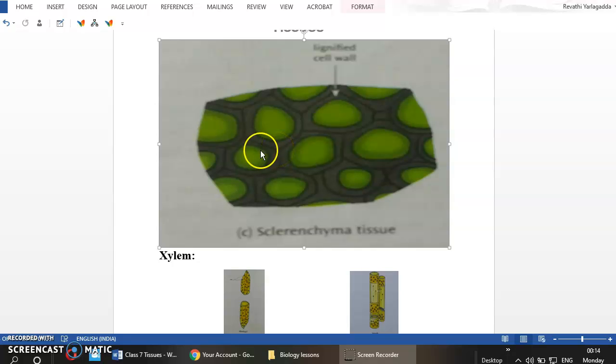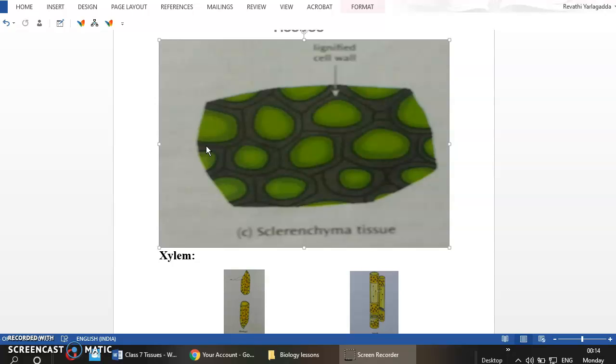And the function of this tissue: since they contain the hard deposits of lignin, they give mechanical strength to the plant. The cells of sclerenchyma are of two types. One is known as fibers and the second one is known as sclerites.